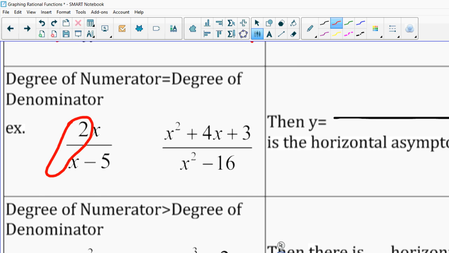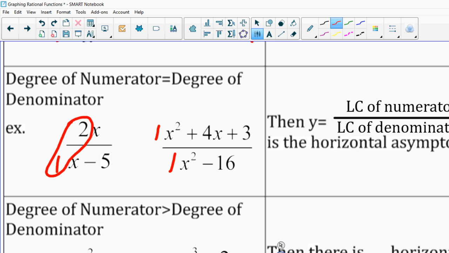So 2 divided by 1. That's right. 2 divided by 1. Here, what's the coefficient of your leading term? So 1 divided by 1 is 1. So the leading coefficient of the numerator divided by the leading coefficient of the denominator.